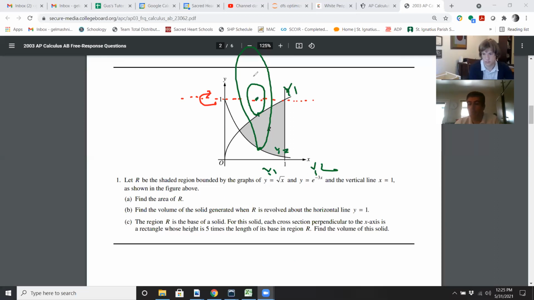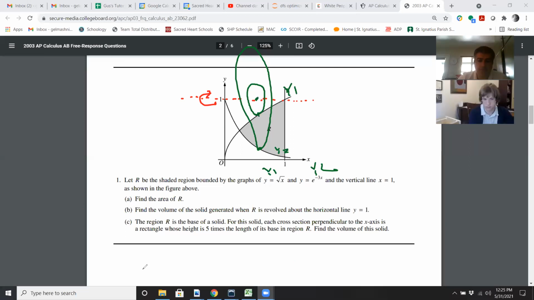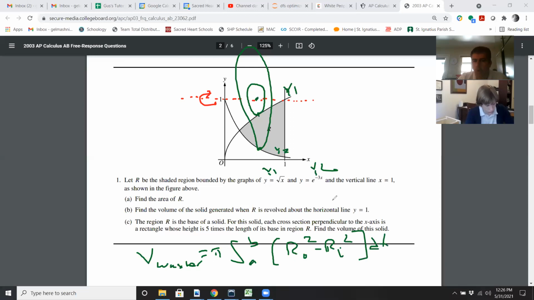So the bottom line is the volume of a washer will be this. You're going to integrate from A to B. There's a pi outside as well, because it is a constant. It's going to be the outer radius squared minus the inner radius squared dx. Why is that?